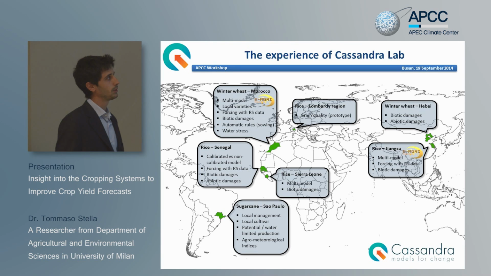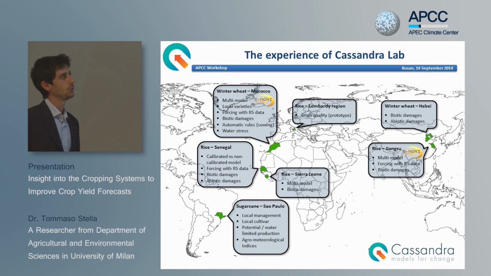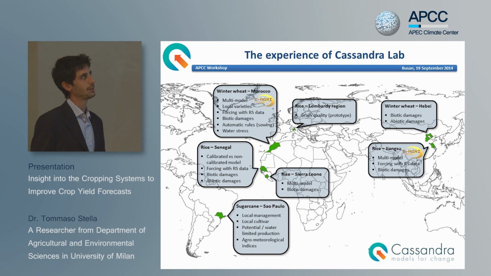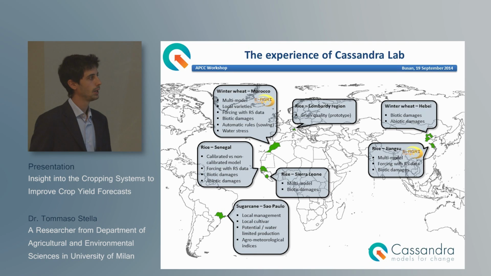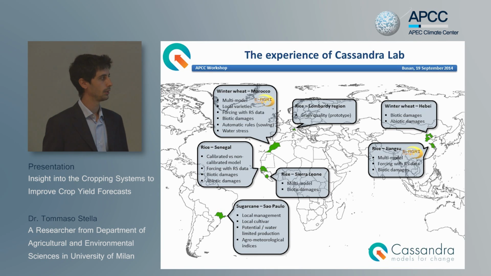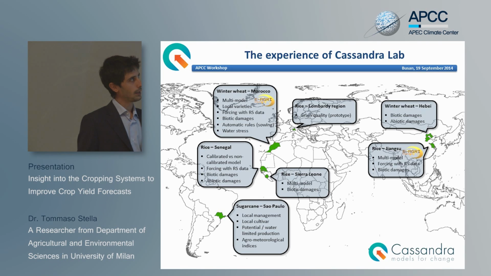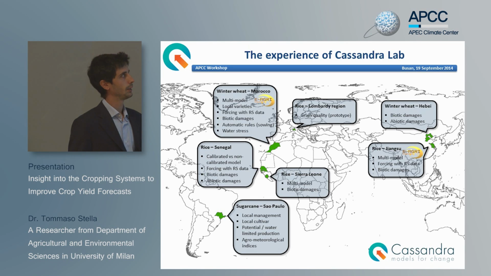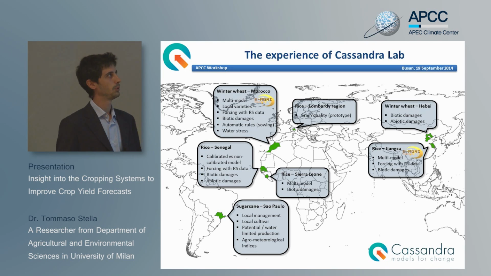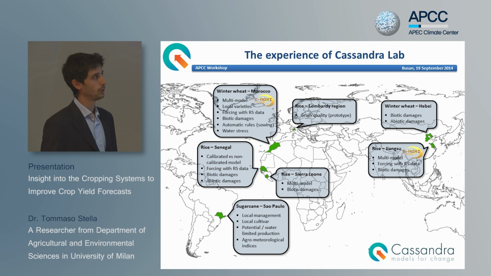And as you may notice, rice is the crop we are focused on, but we also have some experience with winter wheat and sugarcane in the state of Sao Paulo, Brazil, and we are extending this solution for simulating the sugarcane cropping system on the whole of Brazil. Some of this experience comes from funded projects like eAgri, and some from non-funded projects.